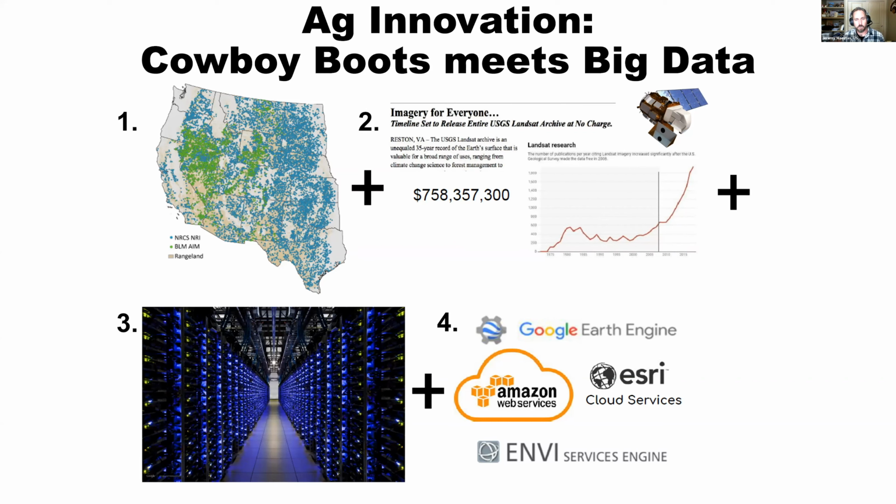Then more recently, we've seen the public release of the Landsat satellite data. And if you're not familiar with Landsat, essentially there's been satellites flying around Earth and taking pictures of its surface for the last 35 plus years, providing us with this extensive and comprehensive view of what's been happening to the Earth's surface.